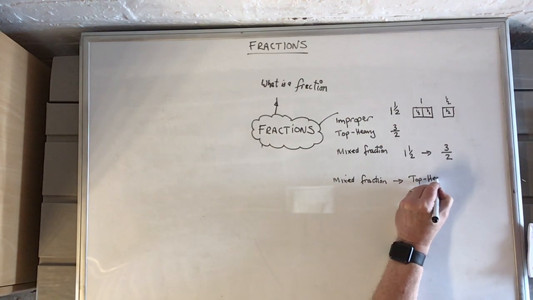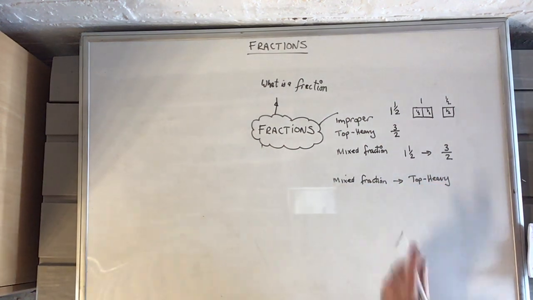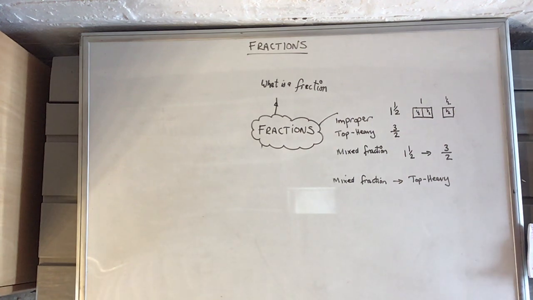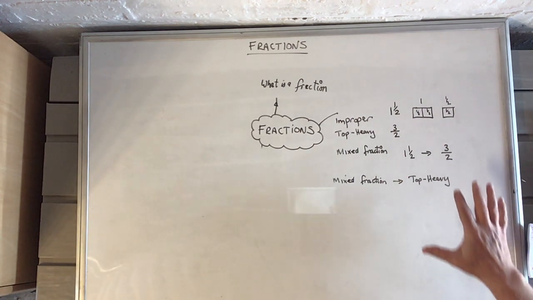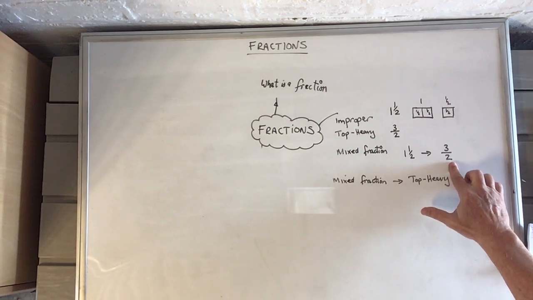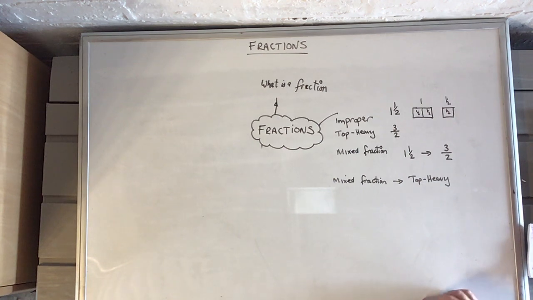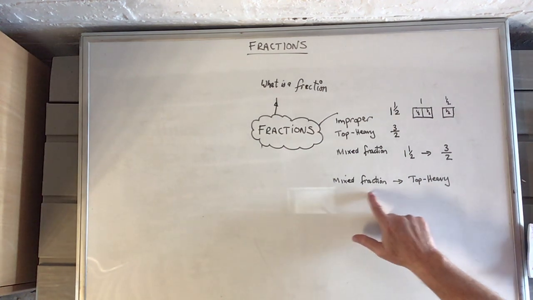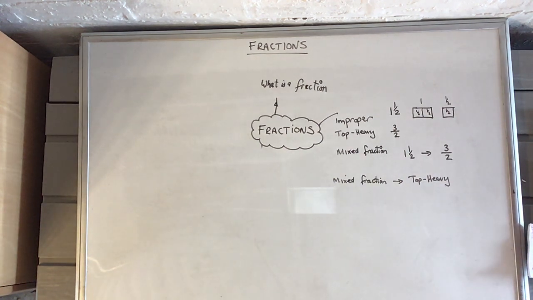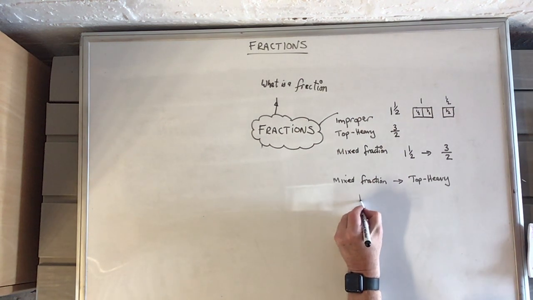And why do we want to do this? Well, this will help us when we come to multiplying and dividing fractions. It's a lot easier when we've got them in this format. So for multiplication and division of fractions, we want to be able to do this. Well, this is how it goes. 1.5.